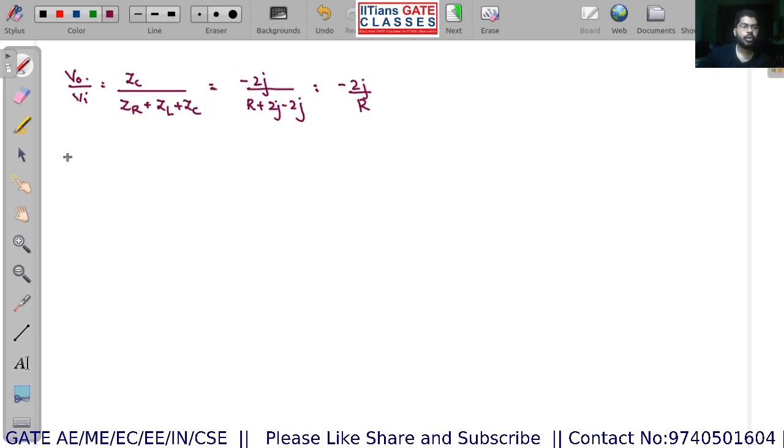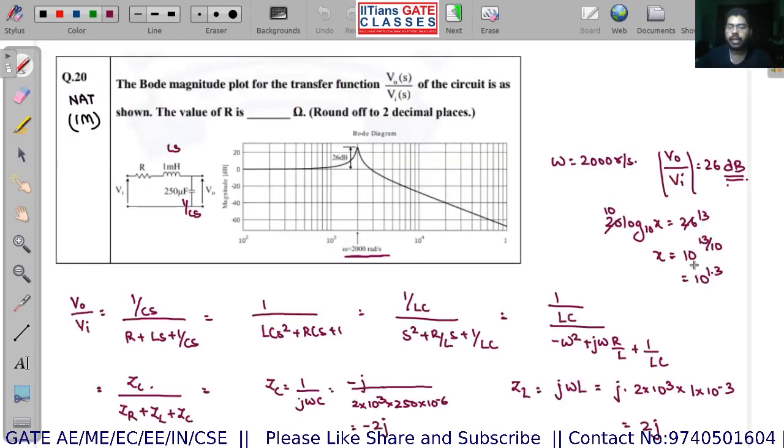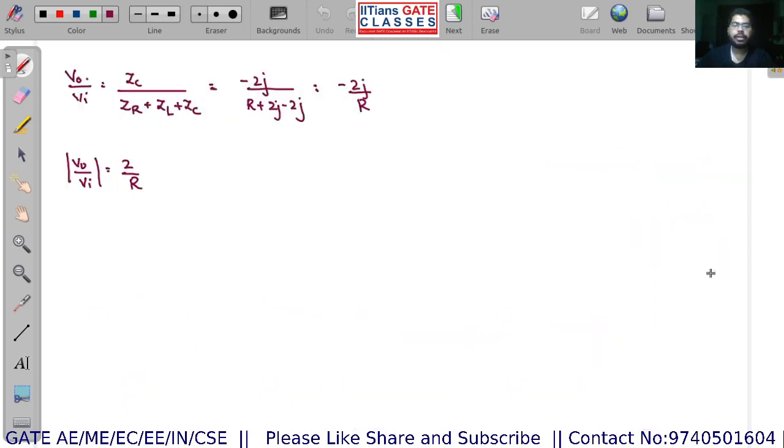So magnitude of V naught by Vi is 2 by R. Okay, V naught by Vi is 2 by R, and I have already calculated the magnitude of this transfer function in normal number. It is equal to 10 to the power 1.3.